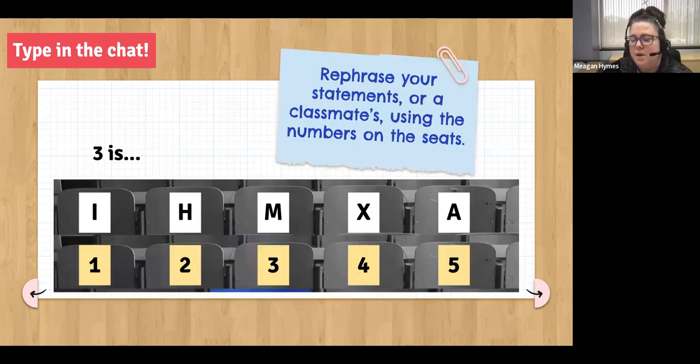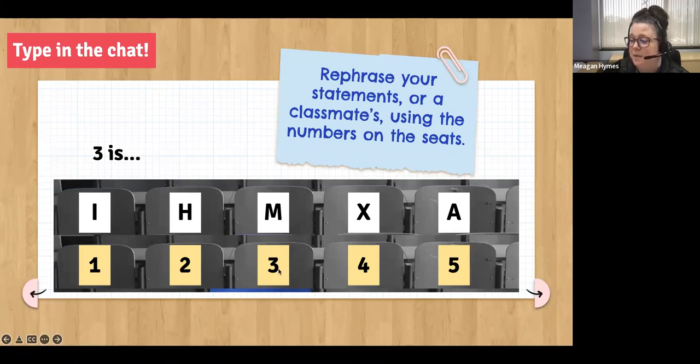So here, now you could ask your students, why don't you rephrase some of these statements, or one of your classmates, and now describe where 3 is. And feel free to pop something in the chat if you have an idea. How would you describe now where 3 is? Between 2 and 4.